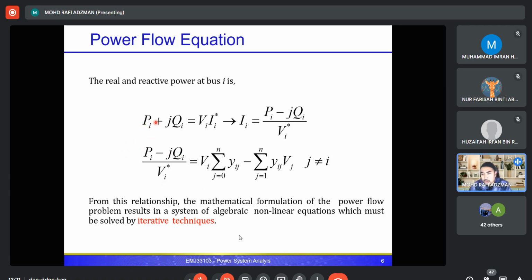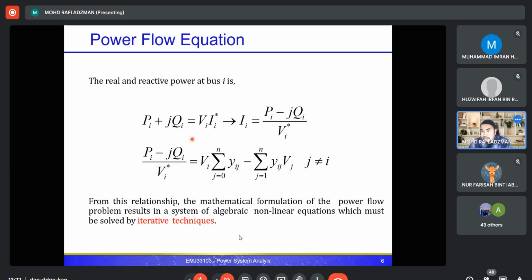For instance, at bus 1, P1 minus jQ1 equals V1 conjugate times V1 times the summation of j equals 0 to N of Yij. For instance, if you have bus 1, bus 2, bus 3, you have all the diagonal elements of Y10, Y20.